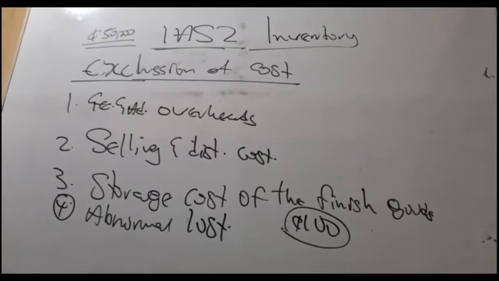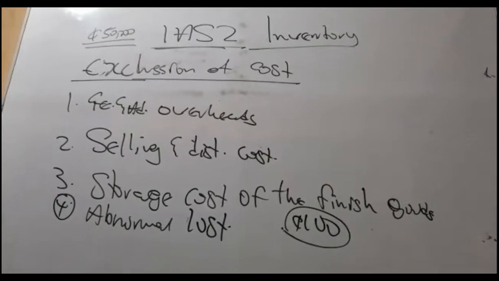Normal loss, you know that for sure, like 1 or 2 cups of rice will probably fall down. But a full bag of rice, throwing it away, that becomes abnormal. So some of the losses are normal. When you are sewing, the cloth is in rectangular or square shape, you cut some edges and throw them away.